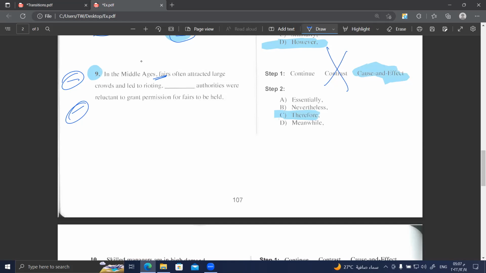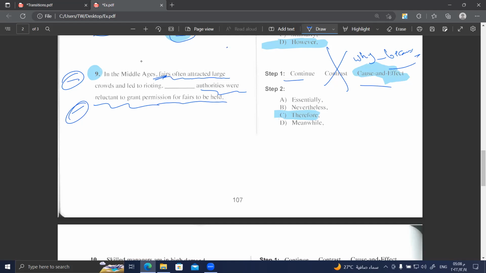I have two possibilities. Continue, cause and effect. Which one do I scrutinize first, cause and effect? How can I scrutinize it? By playing the why-because game. Let's ask now, why were authorities reluctant to grant permission for fairs to be held? Because fairs often attracted large crowds and led to rioting. That makes sense, actually.